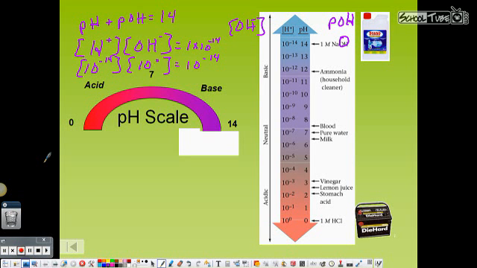Okay? With me? So the OH concentration is 10 to the 0. Any number raised to the 0 power is equal to 1. Okay?